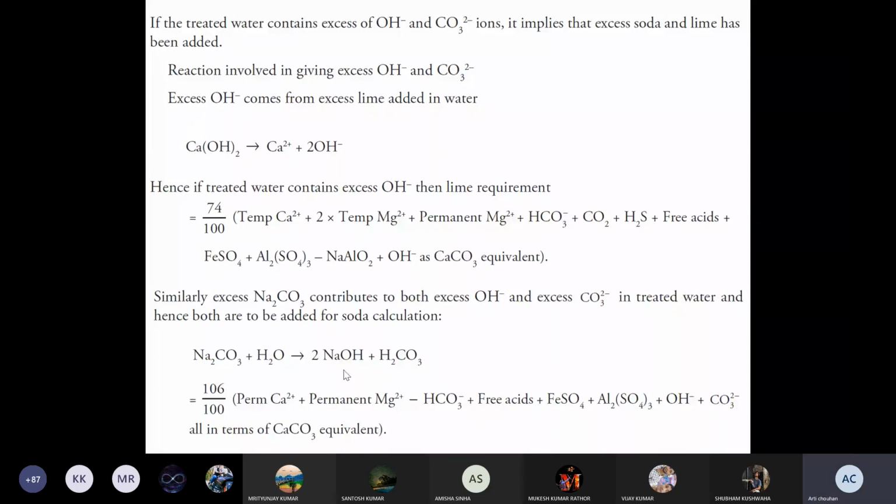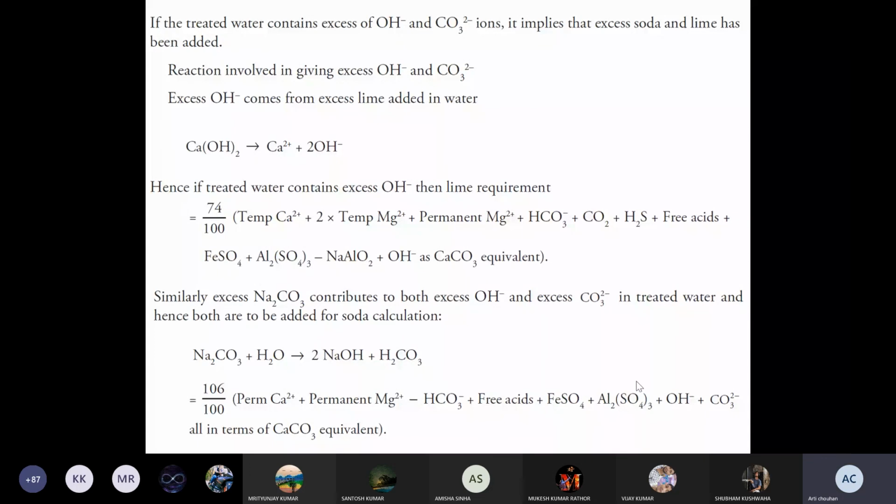So if hydroxide and carbonate ions are given, then hydroxide ion is added to both lime and soda requirement, while carbonate ion value is added to the soda requirement only, because the excess soda contributes to both hydroxide and carbonate ions in treated water, and hence both are to be added to the soda calculation.